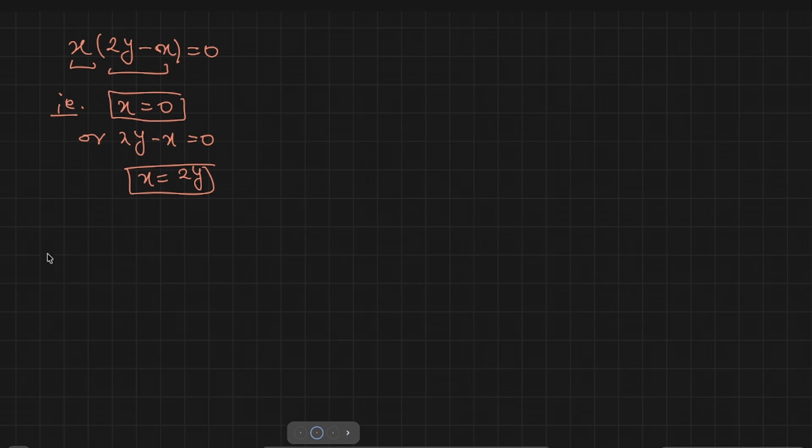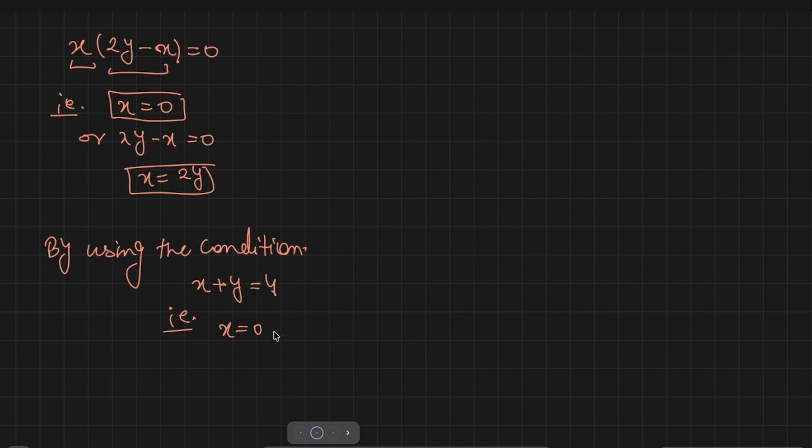Now by using the constraint, or the condition given, that is basically x plus y is equal to 4. If x is equal to 0, then y is equal to 4.